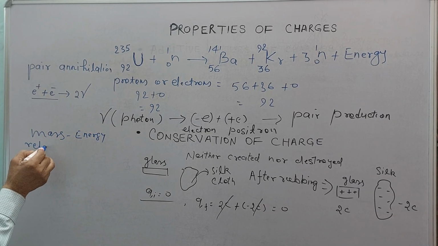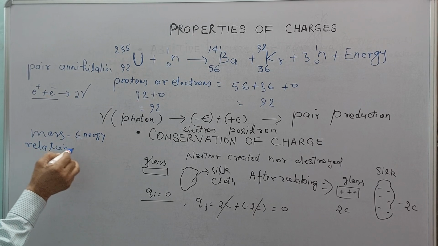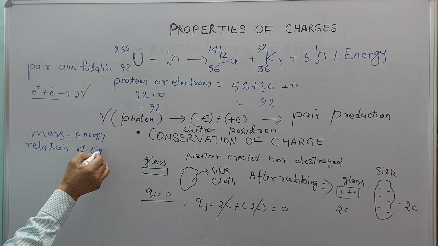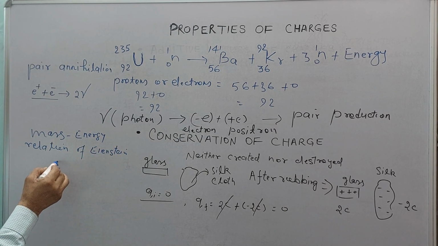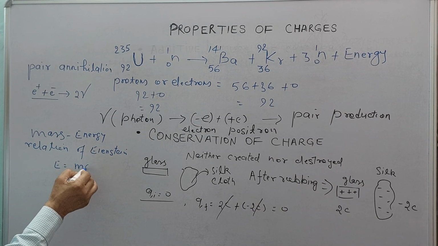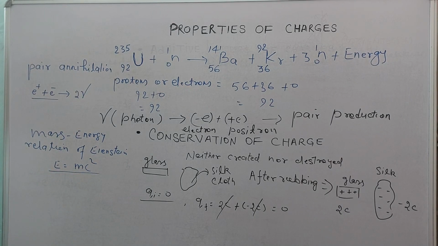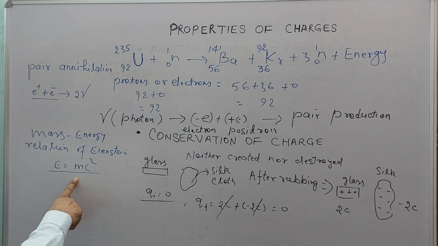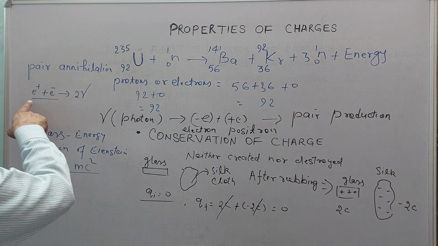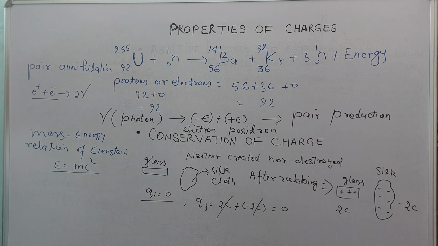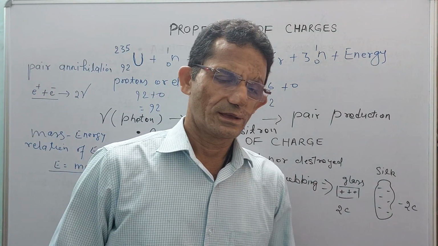By this relation, mass converts into energy. If an object has mass m, and it converts into energy, that amount of energy comes out. The same thing happens here: the positron and electron both have mass, and they convert into energy, because a gamma particle is a photon.